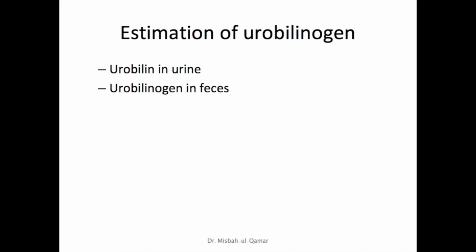Estimation of urobilinogen, it means the urobilin in urine and urobilinogen in feces. And keep in mind that urobilinogen is colorless, while the urobilin has yellow pigment.